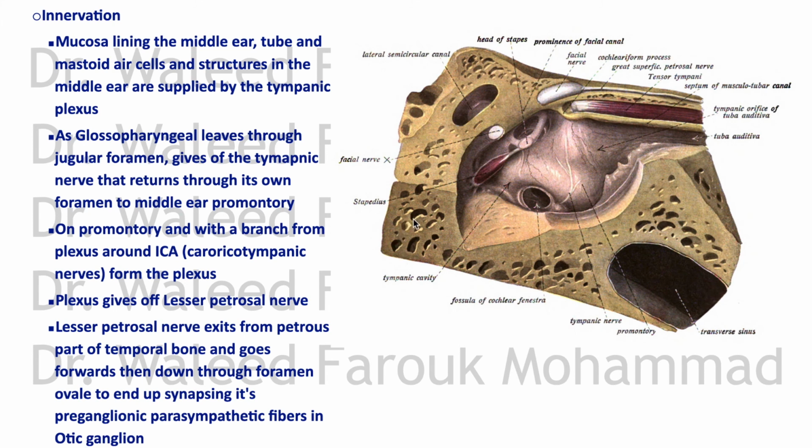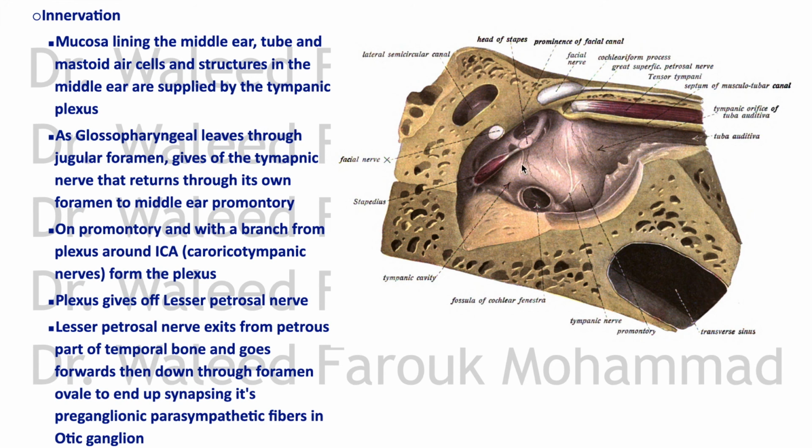The innervation of the middle ear, actually, all the credit goes to the glossopharyngeal nerve, the tympanic branch. We talked about it before, that when the nerve is about to exit the skull, it sends back a tympanic branch in its canaliculus, pierces the floor of the middle ear and spreads its branches over the promontory on the medial wall of the middle ear, joined by a sympathetic branch from the internal carotid artery plexus.